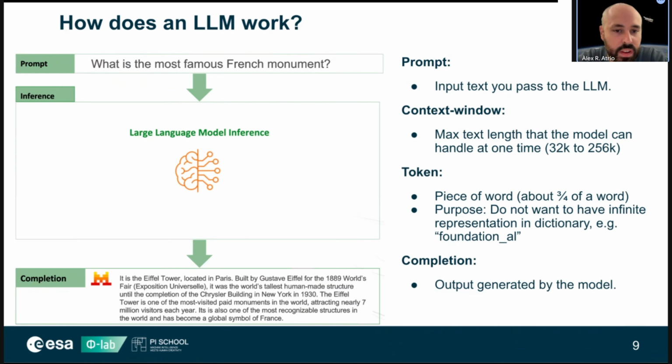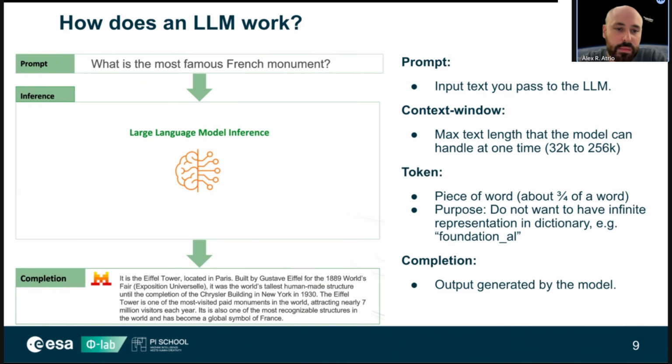So let me give you just a very quick idea of the high-level process first on how it works. I think most of you are already familiar, but let me just clarify the terminology at least. The main components when we're talking about how an LLM works are, obviously, the prompt, which is the input that we pass to the LLM. The context window is the maximum amount of text length that the model can handle.